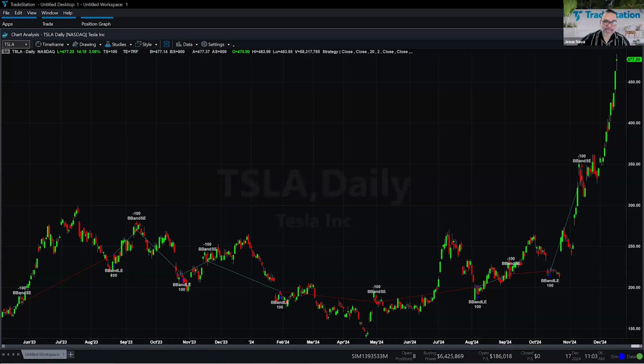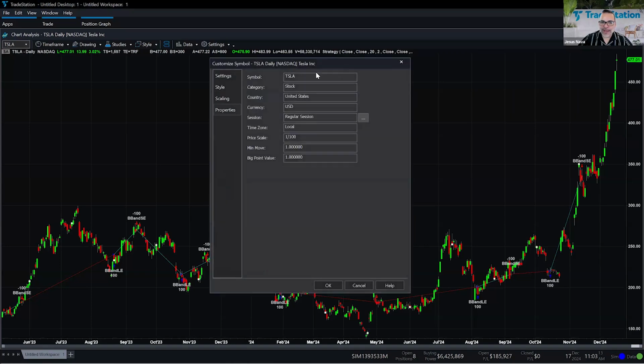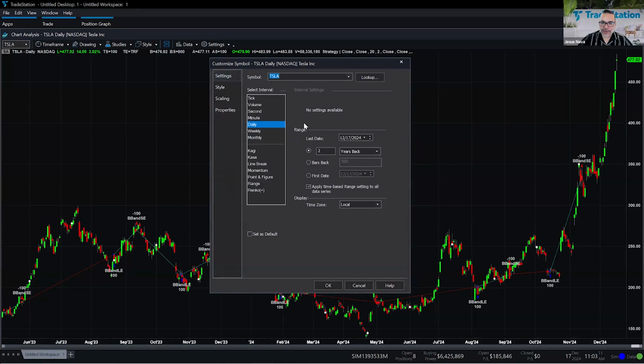Right here, I have a daily chart of Tesla. Let's take a look at how far back this chart goes. I think it goes back 5 years, but I'm just going to check here. This particular one goes back 2 years, which is fine. We can increase the data to back test further if we wanted to, but for now, 2 years is fine.